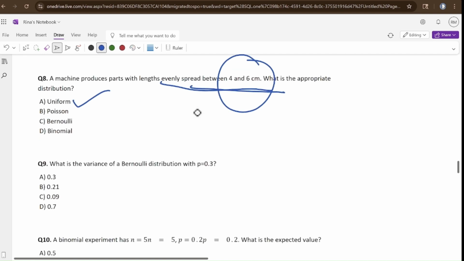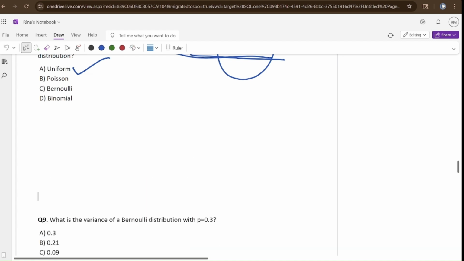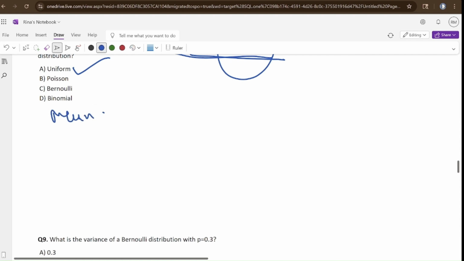What is the variance of Bernoulli distribution with P? See, let's discuss mean and variance. I will just tell you the formula. Mean equals to, for Bernoulli means single trial, two outcomes. So let's say first outcome is head and head is your success.